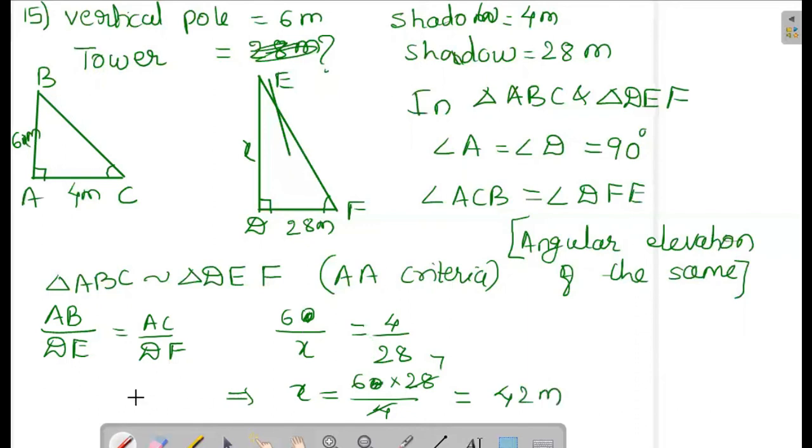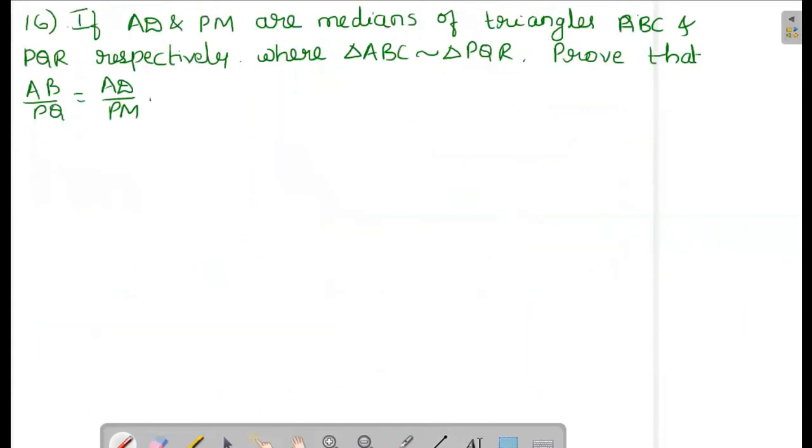Next example. If AD and PM are medians of triangles ABC and PQR, again here we have two triangles ABC and PQR, and a median is there. We'll draw the figure. Till then, please read the problem.